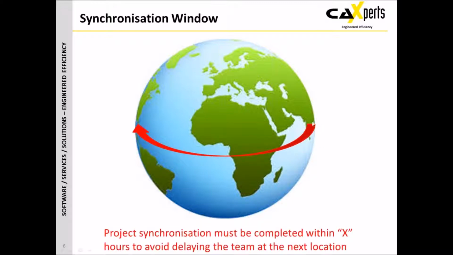You may want one office to synchronize with another, and typically that project synchronization must be completed within a certain time period to avoid delaying the team at the next location. Of course, if you don't manage to complete that synchronization within that time, you will incur delays and hold up that design team from doing their useful work until the synchronization is complete. And that really is not an acceptable way of moving forward.